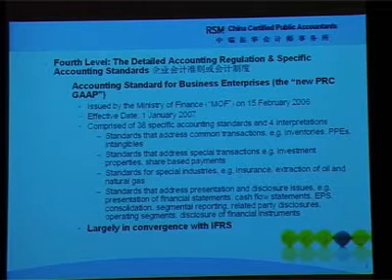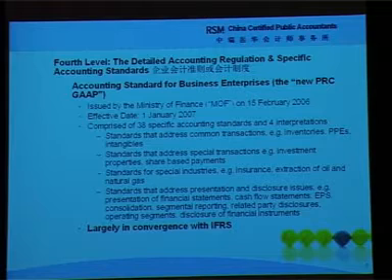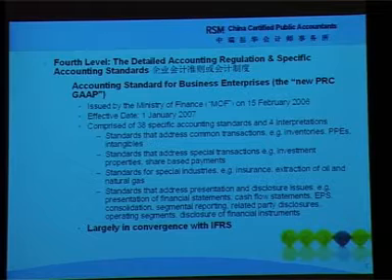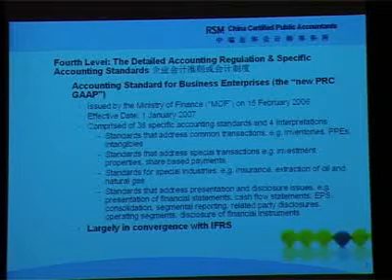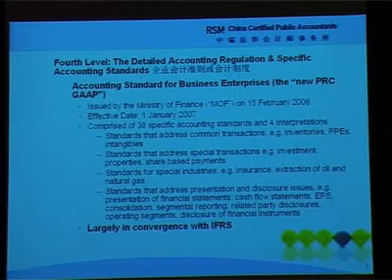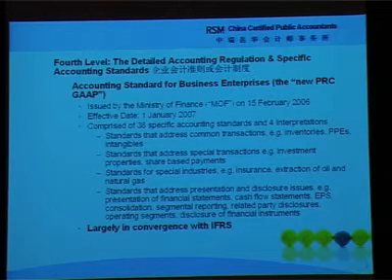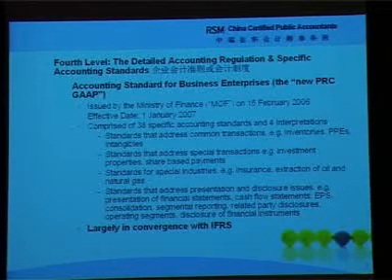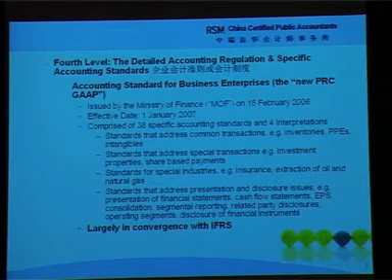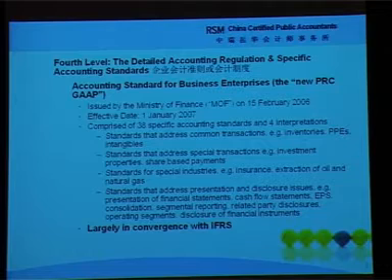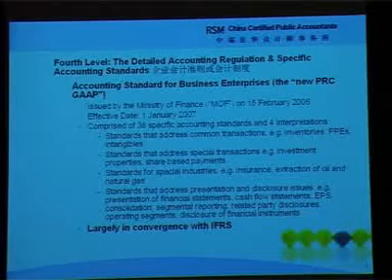The 38 specific accounting standards can be categorized into 4 types. The first is standards that address common transactions, such as inventories, PPEs, and intangibles. The second type is standards that address special transactions, such as investment properties and share-based payments. The third type is standards for special industries, such as insurance and extraction of oil and natural gas.